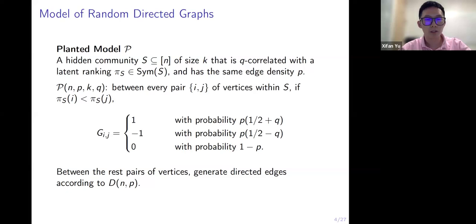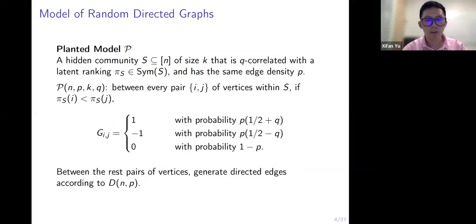To be more precise, in this model, between every pair of vertices within S, suppose i comes before j in the latent ranking, we generate a directed edge from i to j with probability p times 1/2 plus q, and a directed edge from j to i with probability p times 1/2 minus q. And we do not generate a directed edge between i and j with probability 1 minus p. Between the remaining pairs of vertices, we generate directed edges according to the null model.